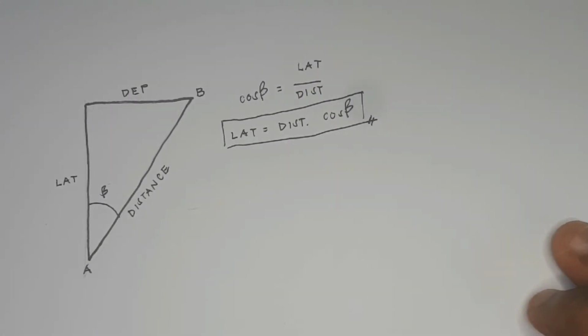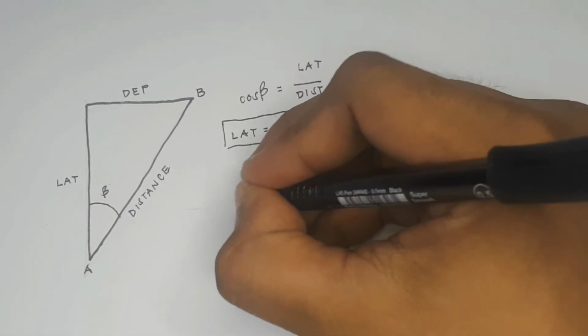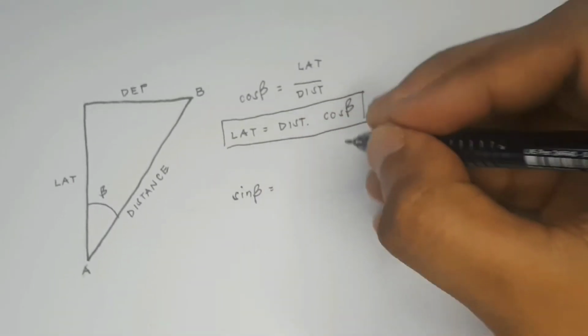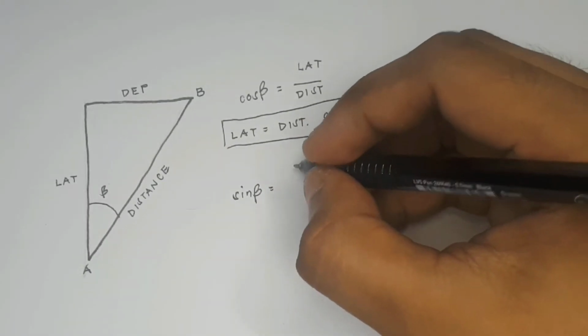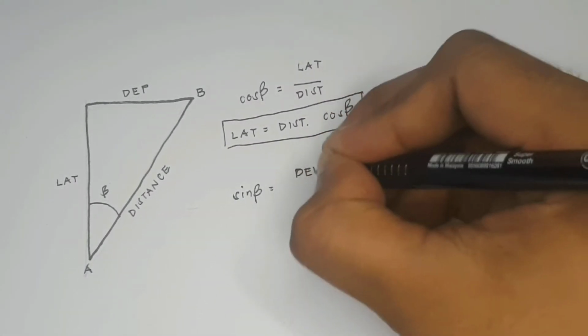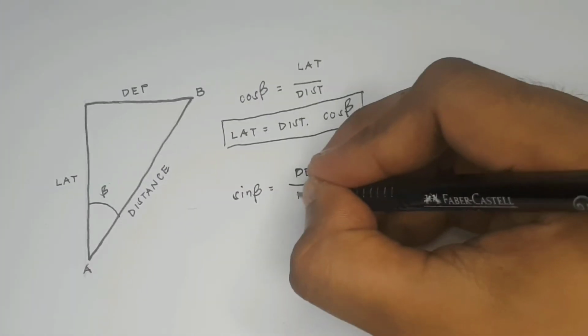For departure, we can use sine. Sine of the bearing angle is equal to the opposite of that angle, which is the departure, over the hypotenuse, which is the distance.